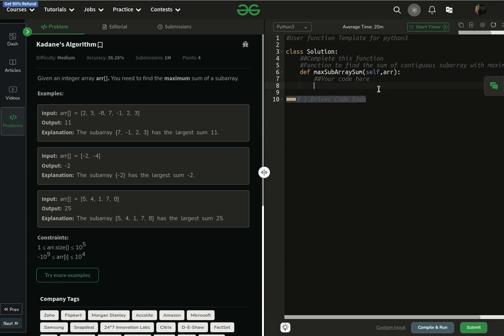So first, what is the first step? First step, we have to take those two variables. The first variable is for the summation of the subarray, and the second is for iterating through the array. Then we will consider what elements we are adding in that variable. So max ending here.